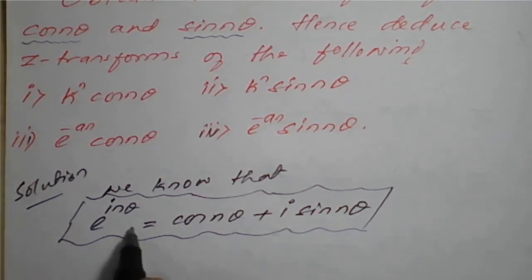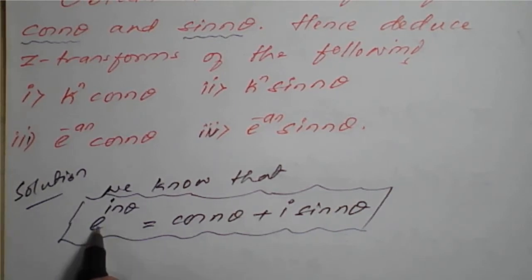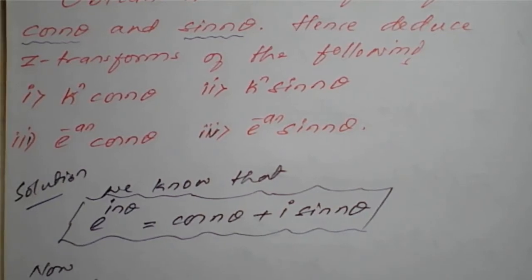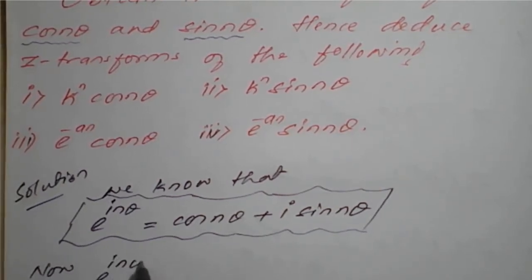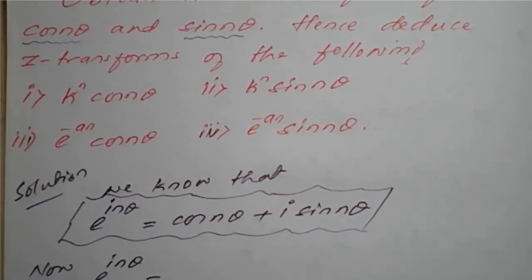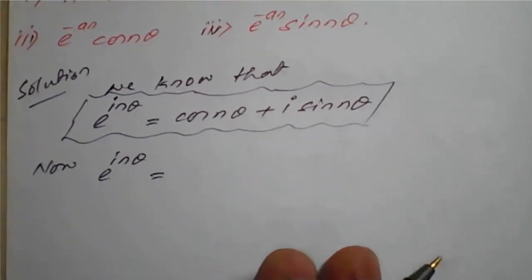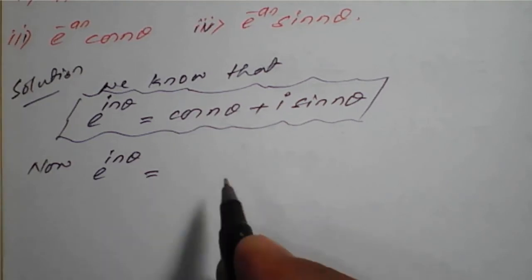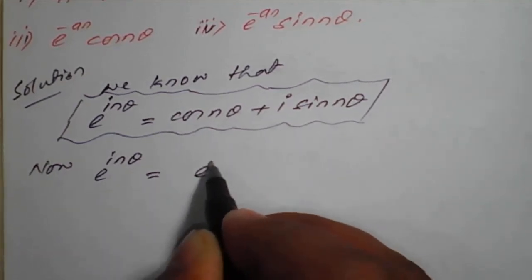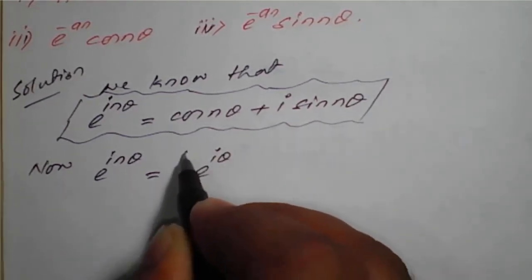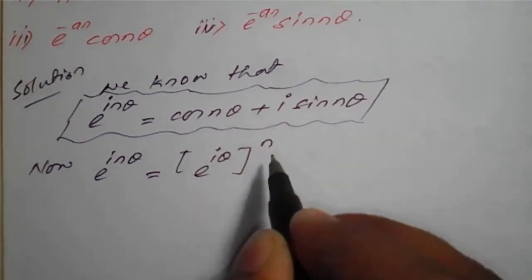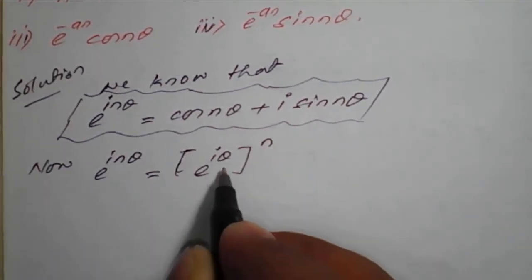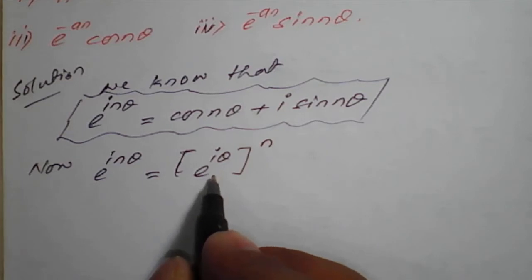So remember this: e raised to i n theta is cos n theta plus i sin n theta. Now e raised to i n theta can be written as e raised to i theta whole raised to n. Here I have applied the exponent formula.